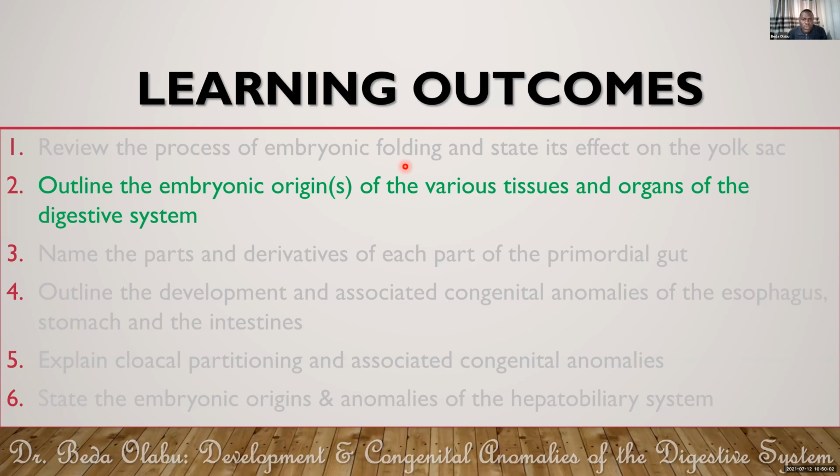Now we've looked at the embryonic folding, and we've stated its effect on the yolk sac, that when the embryo folds, the yolk sac becomes incorporated into the baby, and that will become the future alimentary canal. Now let's look at the embryonic origins of the different tissues and organs of the digestive system.